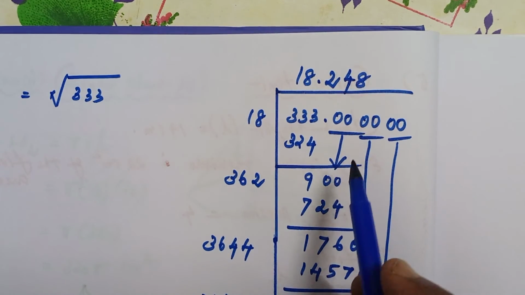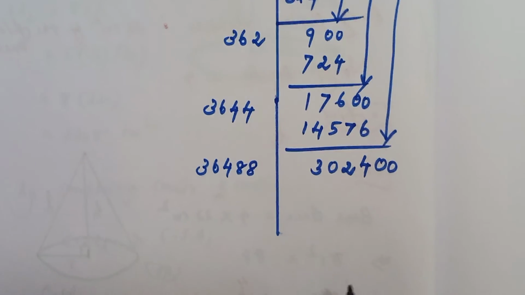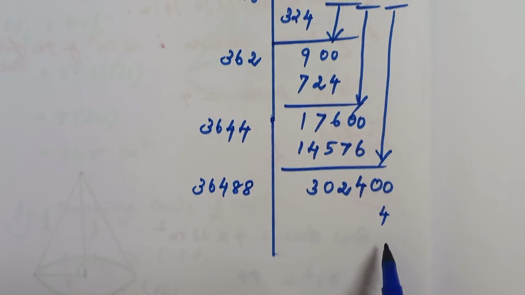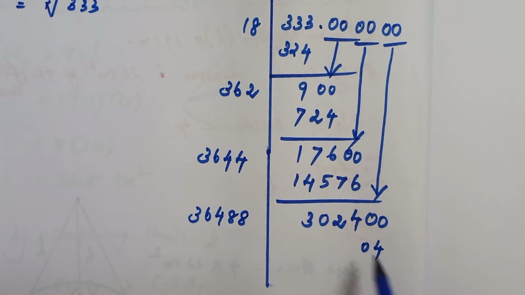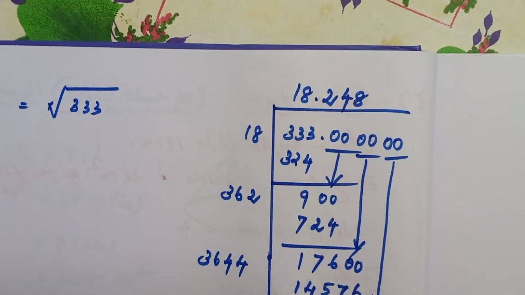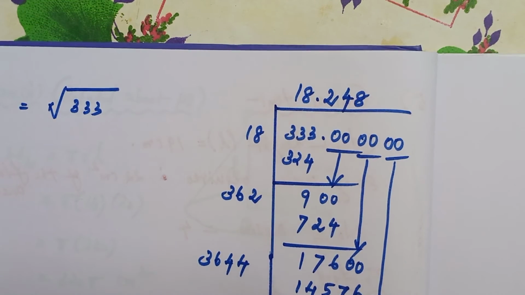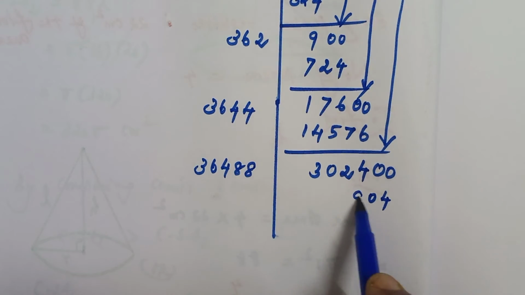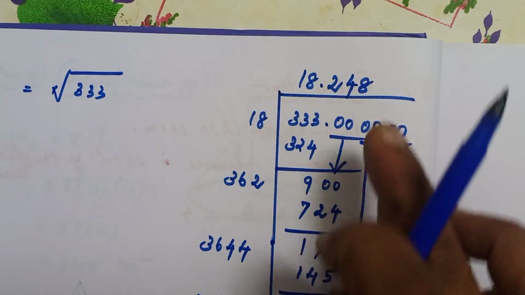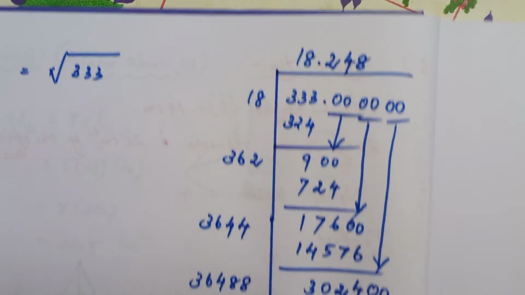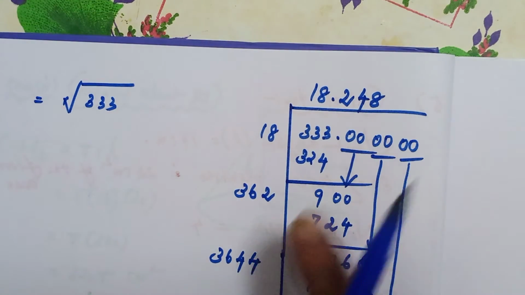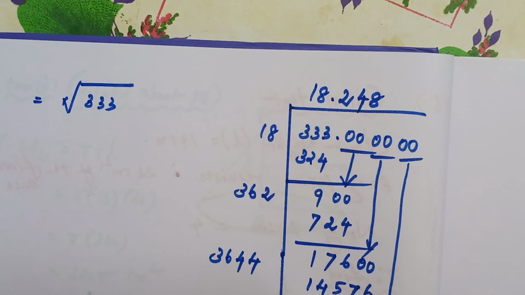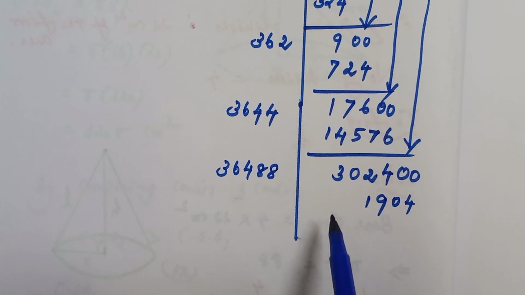Now we can multiply it by 8. 8 8s are 64. Balance 6. Then 8 8s are 64 plus 6, that is 70. Balance 7. 8 4s are 32. 32 plus 7, that is 39. Balance 3. 8 6s are 48. 48 plus 3, that is equal to 51. Balance 5. 8 3s are 24. 24 plus 5, that is equal to 29.